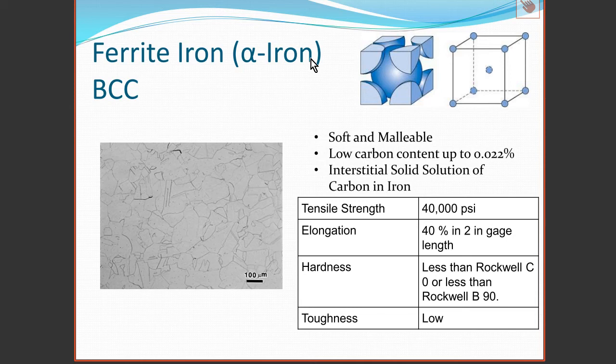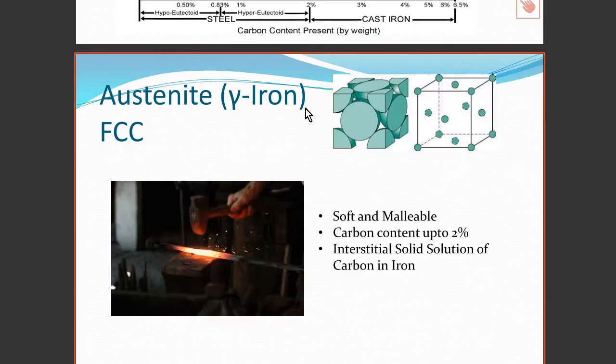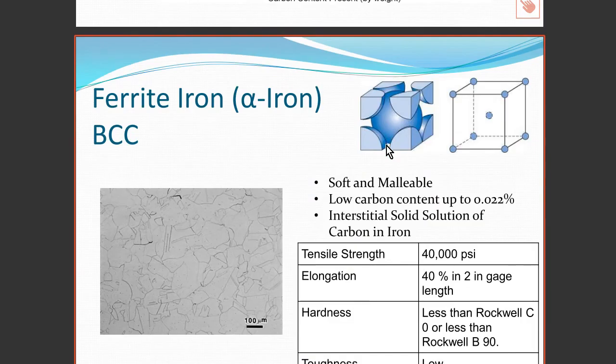And so that's what we're seeing here with this crystal structure shown here. So just to recap, austenite is face-centered cubic, high temperature. At low temperature, the iron changes to a body-centered cubic structure, and we call that type of iron ferrite.